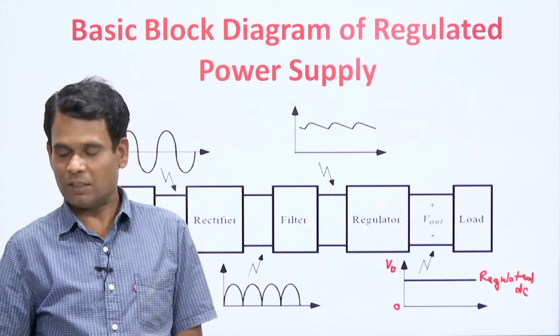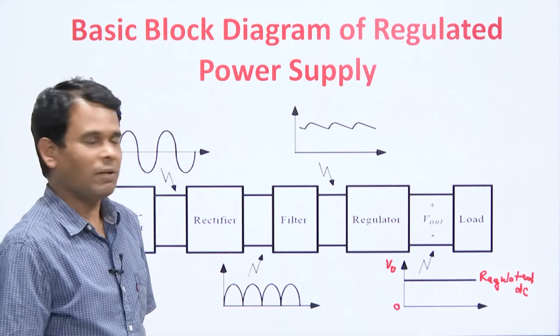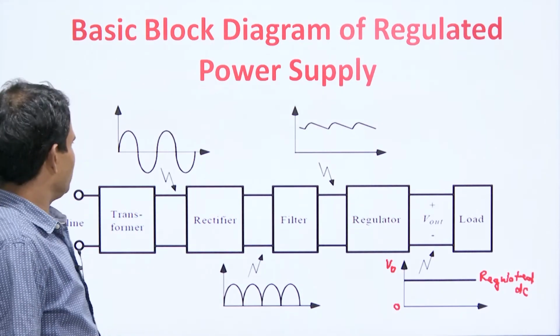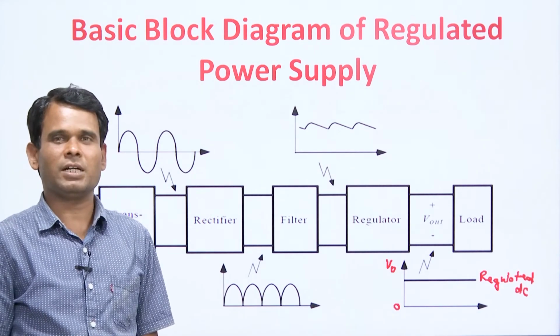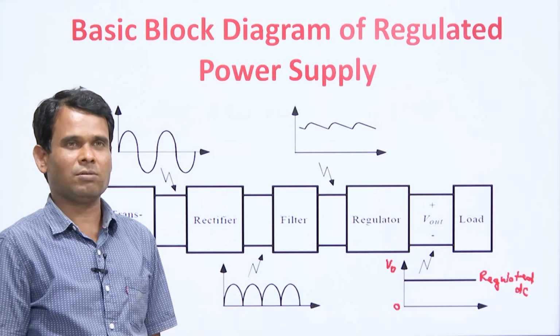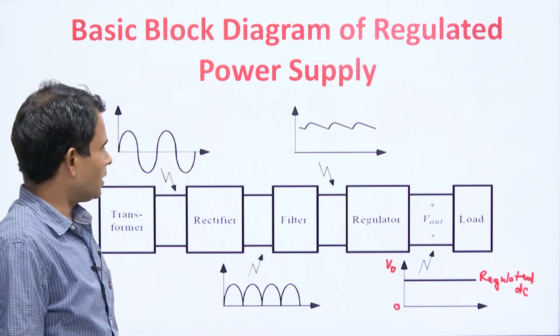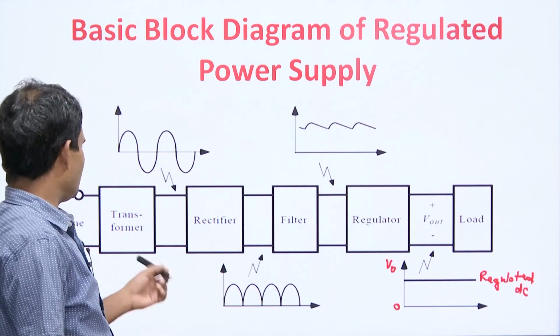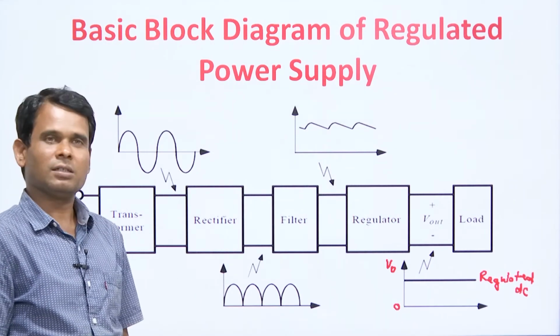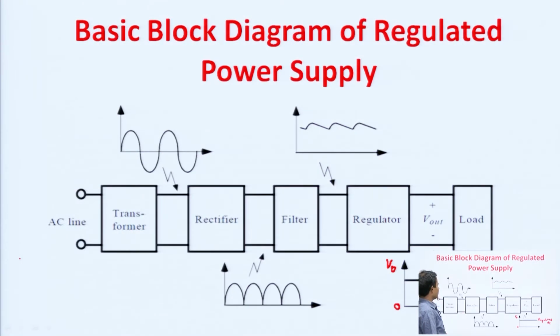Before discussing the rectification process, first of all we should know about the regulated DC power supply. What is regulated DC power supply? It is the combination of various parts like step down transformer, rectifier, filters, regulator, and at the last the supply, that is load.